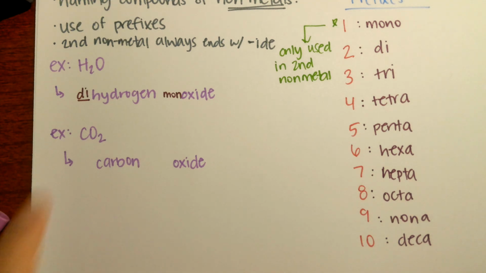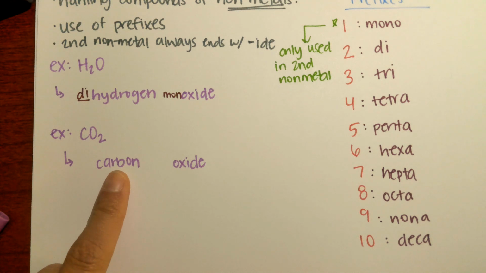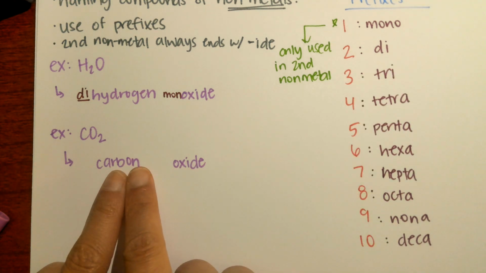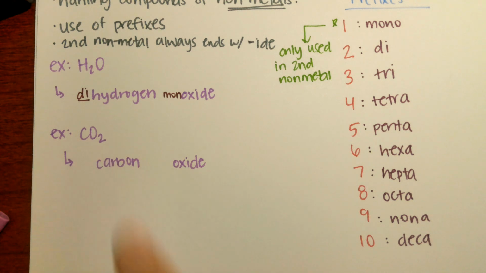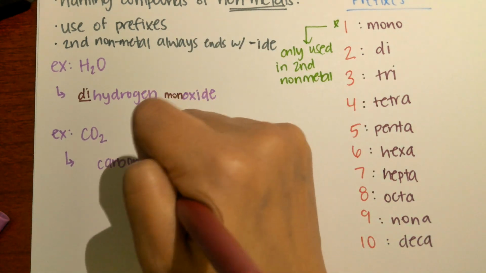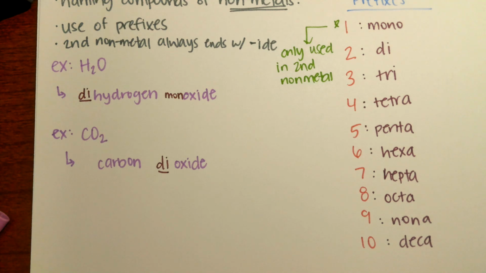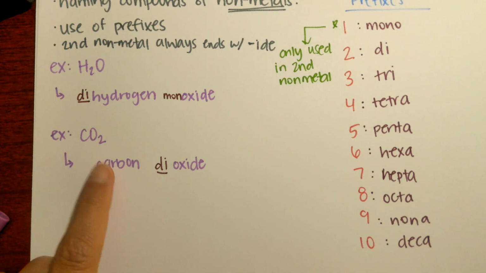With the C, carbon, there's only one, but it is the first nonmetal, so we don't put mono at all. We just leave it alone. For oxide, there are two, so we put the prefix di, so carbon dioxide. We all know carbon dioxide growing up. We don't say mono carbon dioxide because it's just a mouthful. That's why mono is only used for the second nonmetal. If there's only one in the first nonmetal, we just leave it alone and name it as is.